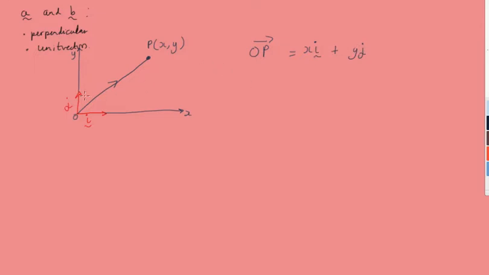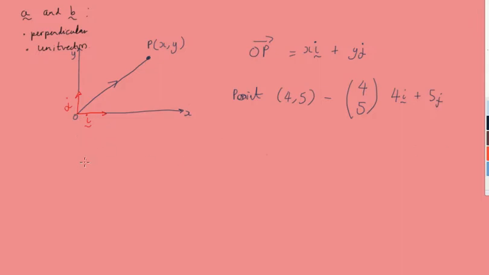Because remember, these are our perpendicular unit vectors. And we can use this to therefore find the position vectors of points in the Cartesian plane. So say we had point 4, 5, the position vector can be written as 4i plus 5j.